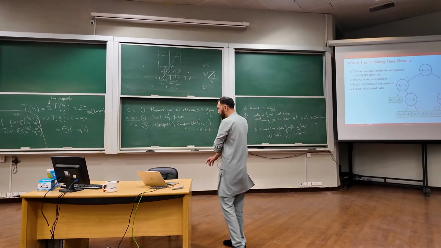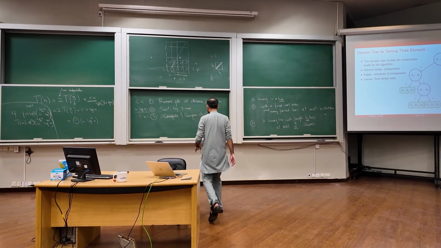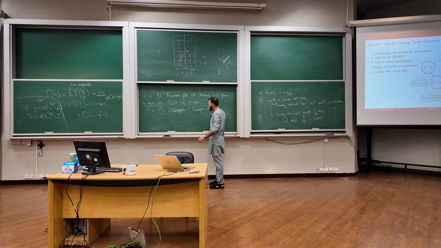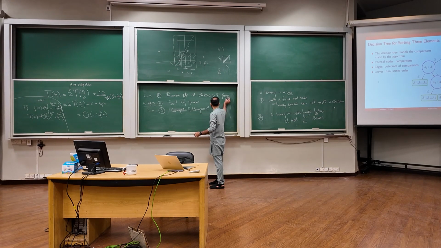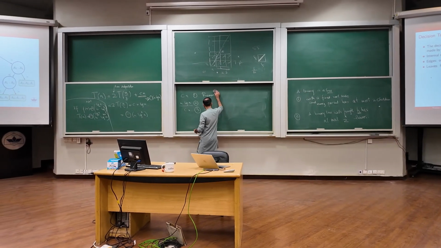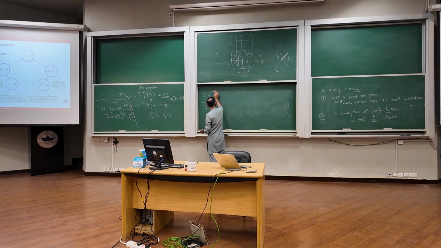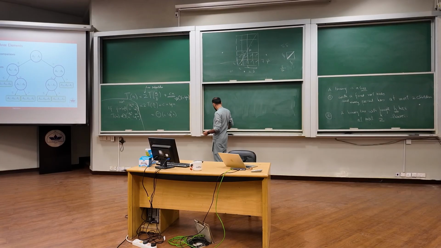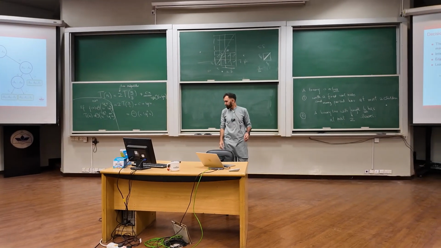All right. That kind of solves my problem. And what's my problem? My problem is to count the number of comparisons that I have to do in sorting, right? So can anyone tell me the next thing I should write on the board?